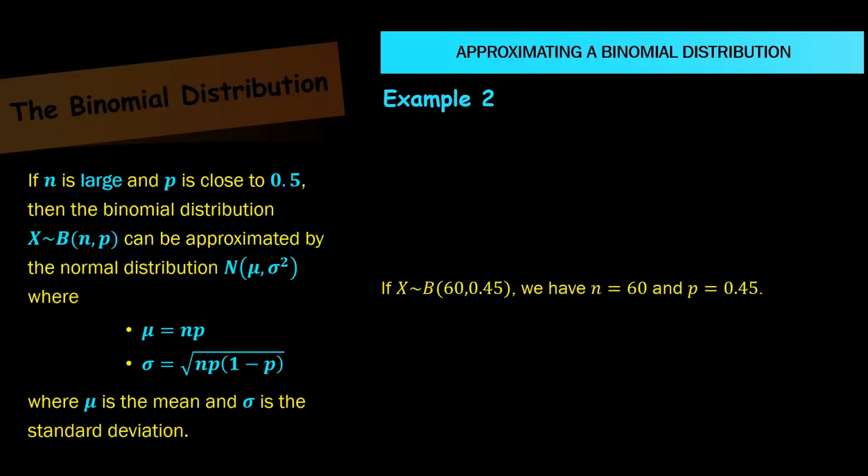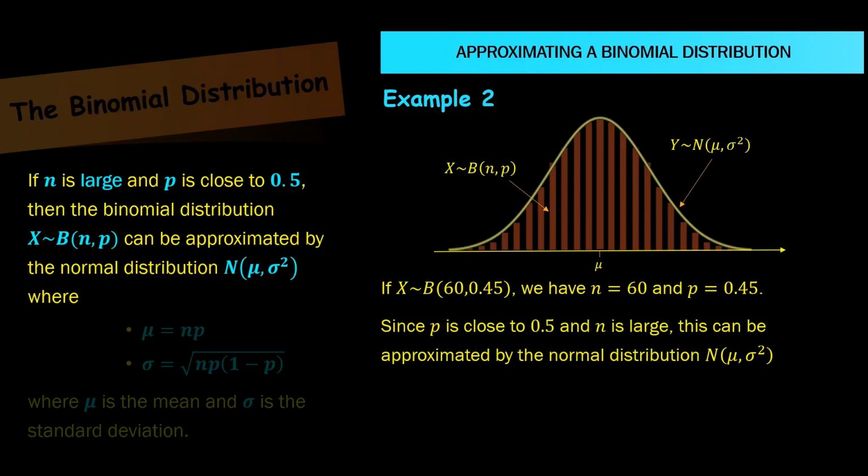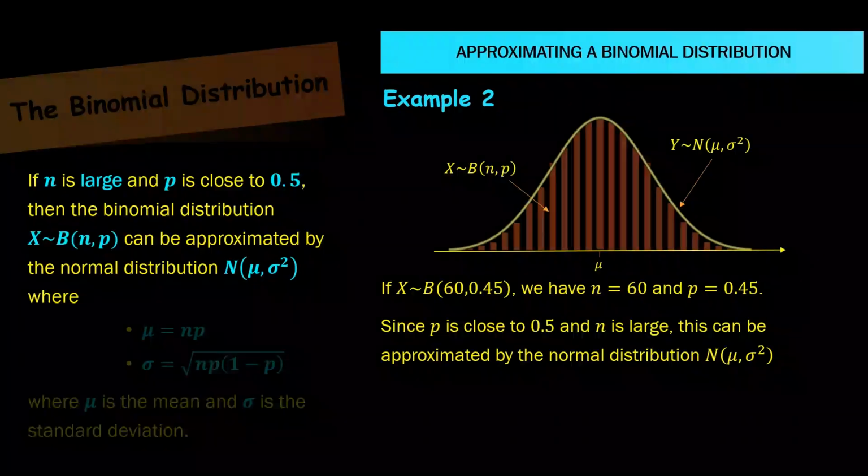Let's now take a look at an example. If x is distributed binomially with number of trials 60 and probability of a success 0.45, we have that n equals 60 and p equals 0.45. Since p is close to 0.5 and n is large, this can be approximated by the normal distribution.